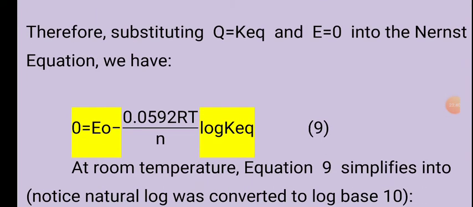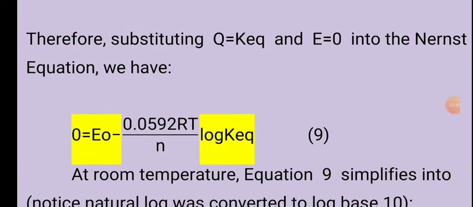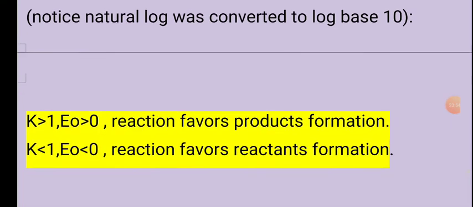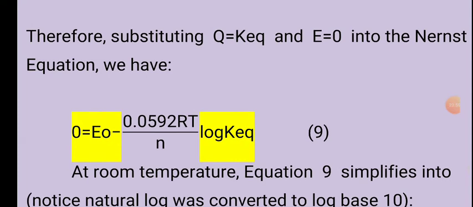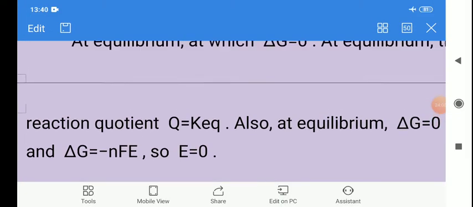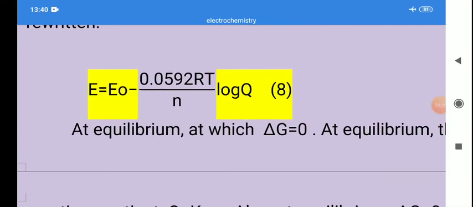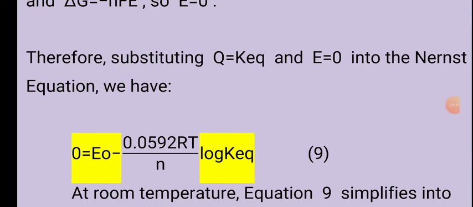Now if E equal to 0, then we can write 0 is equal to E0 minus 0.059 by n log K equilibrium. So please remove the RT, because we have already included the values of R and T. R is constant and T is considered 298 Kelvin.